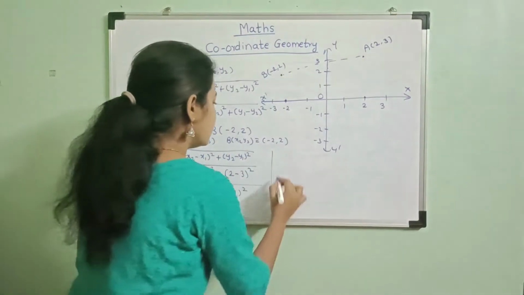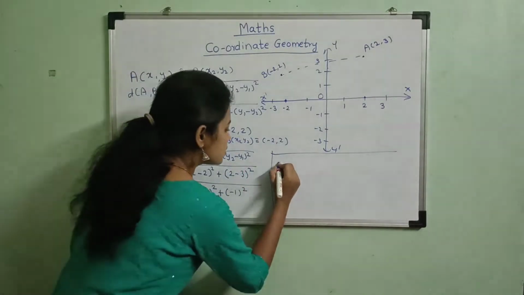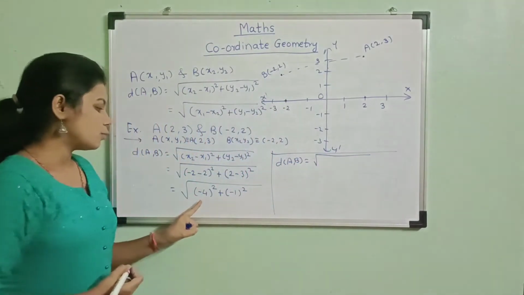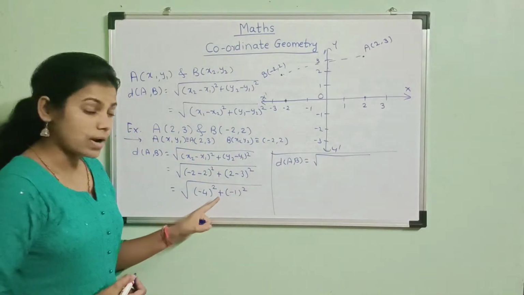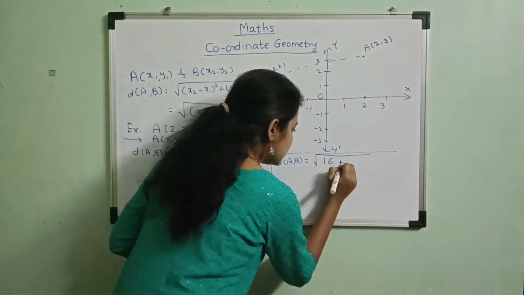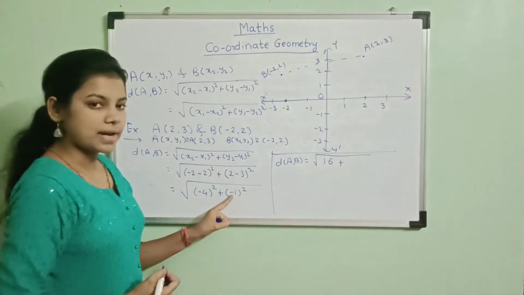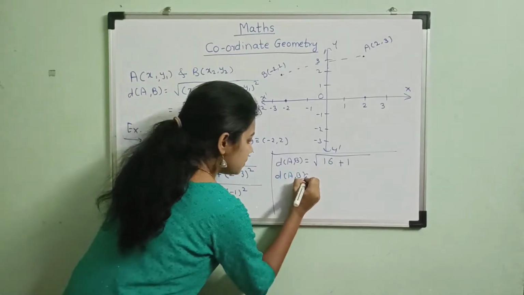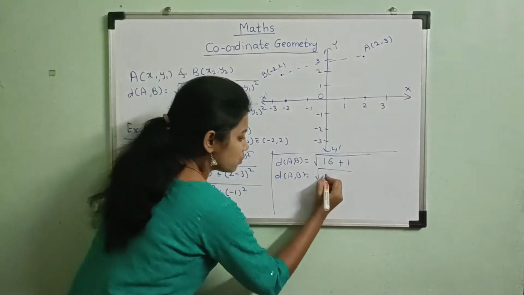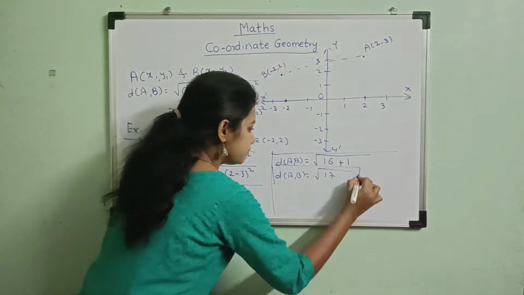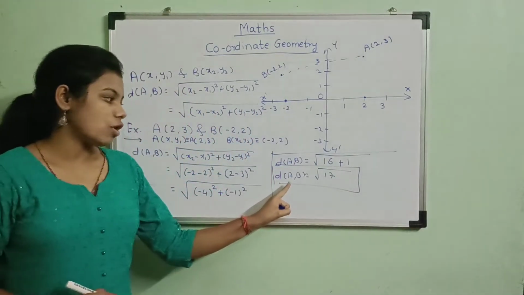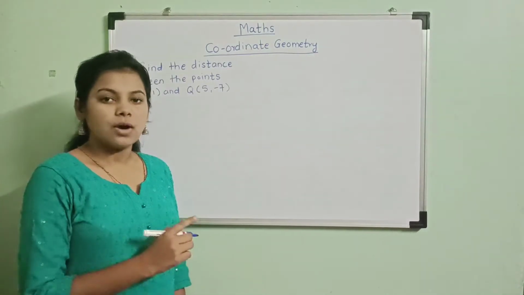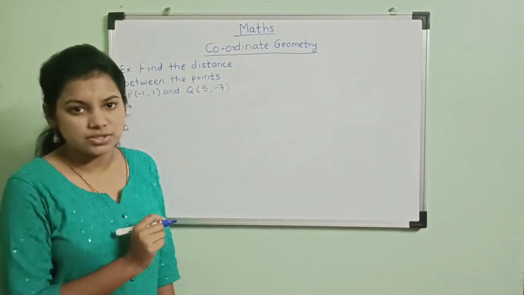Then distance AB equals square root of, the square of -4 is 16, plus the square of -1 is 1, that is 16 plus 1, which is equal to 17. So the distance between the points A and B is square root of 17. Now we will see one example related to the distance formula.